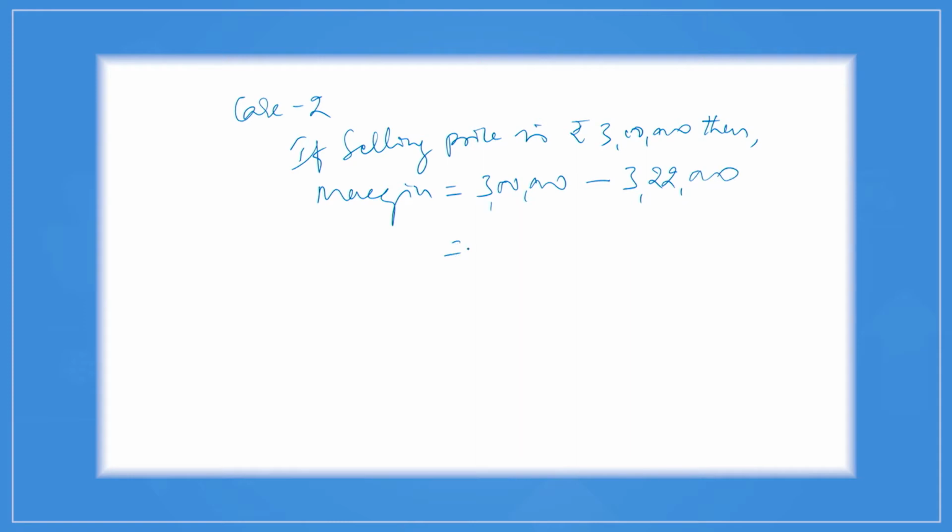Then the margin is minus 22,000. This is the negative value. Here margin is negative, then it has to be ignored for the tax purpose. So, taxable value of supply is 0.